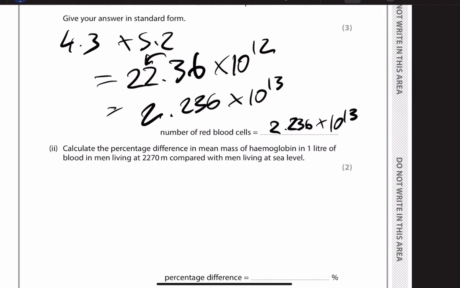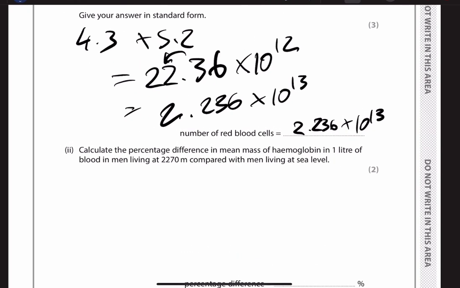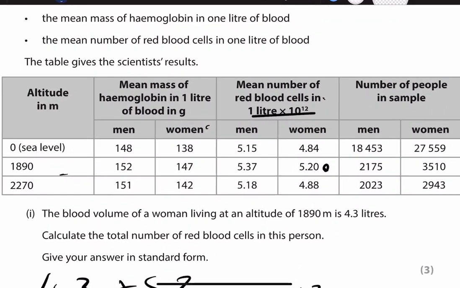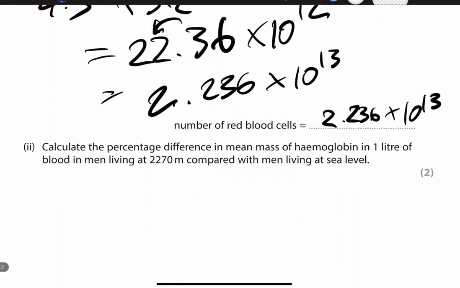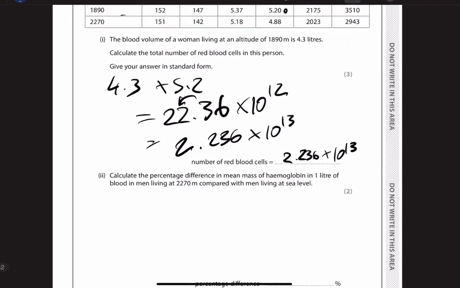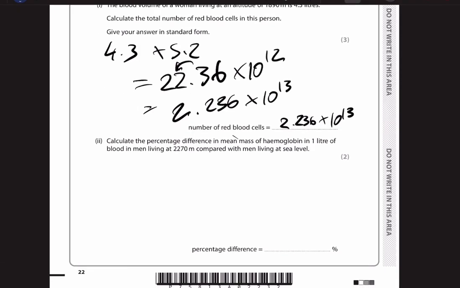Okay, calculate the percentage difference in mean mass of hemoglobin in 1 liter of blood in men living at 2270 meters compared with men living at sea level. Okay, so men at 2270, 151, sea level 148, okay? So the difference between them is 3, right?